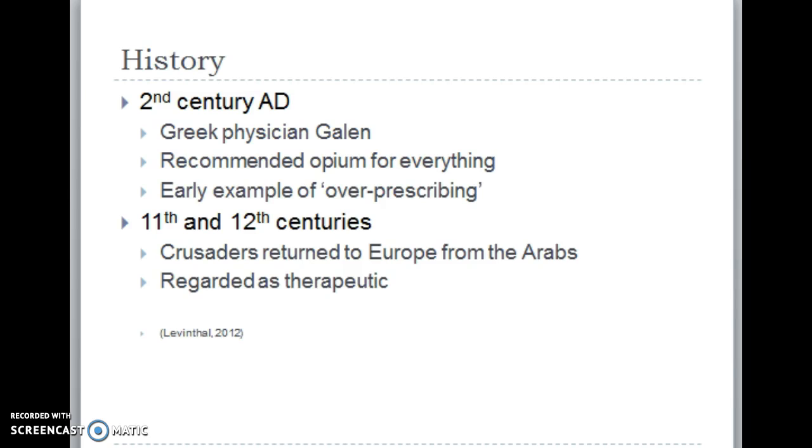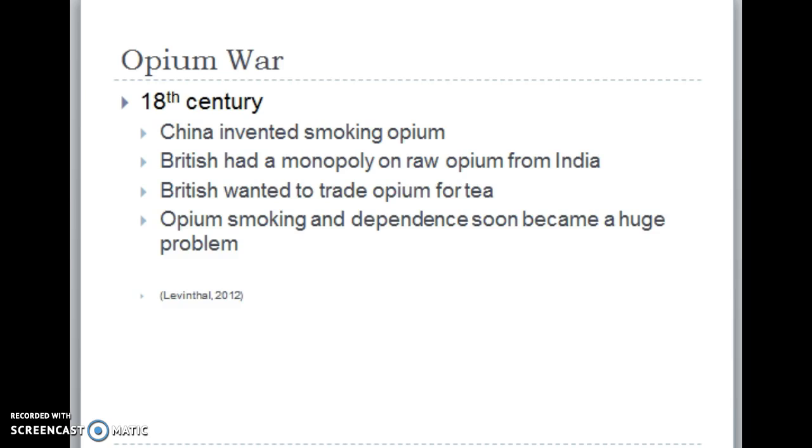So some history. It's been known for a long time. In the 2nd century AD, they were recommending opium for everything, and this is a very early example of overprescribing of a substance. In the 11th and 12th centuries, crusaders were returning to Europe from the Arabs, regarding it as therapeutic.